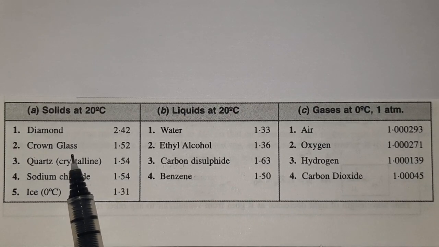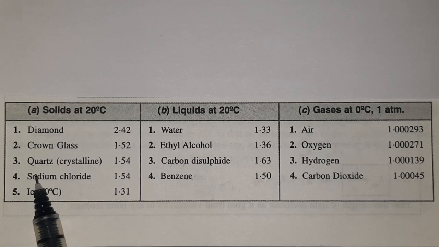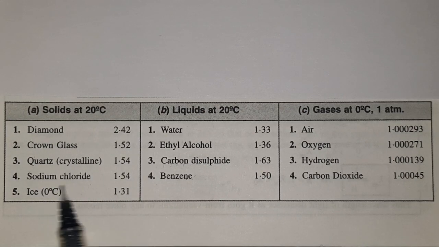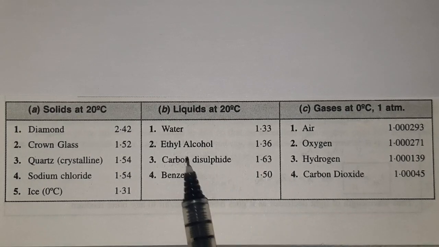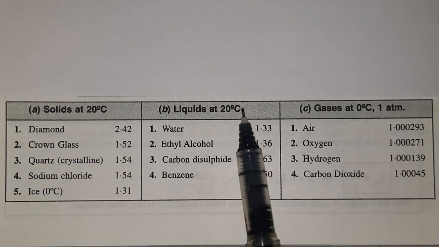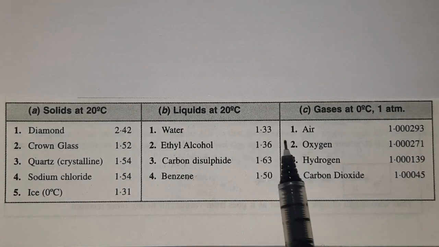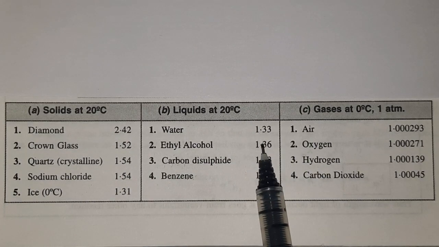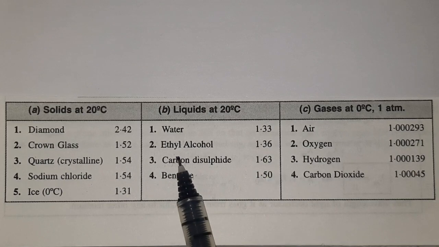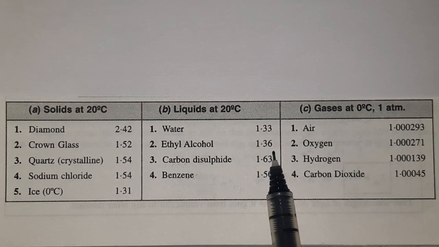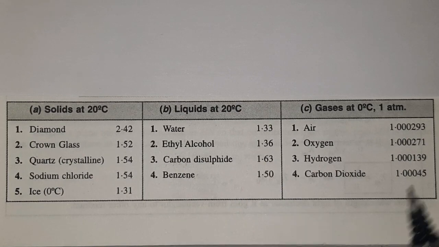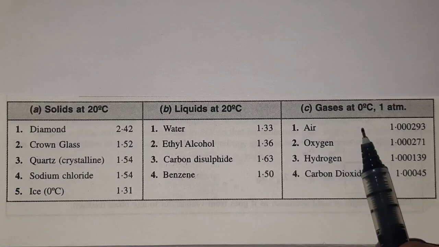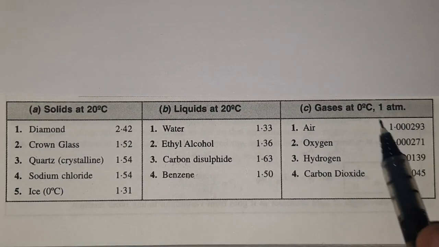Crown glass, which is one type of glass, 1.52, quartz 1.54, sodium chloride 1.54, ice at 0 degrees Celsius 1.31, water at 20 degrees Celsius 1.33, ethyl alcohol 1.36, carbon disulfide 1.63, benzene 1.50, air at 0 degrees Celsius and 1 atmospheric pressure.